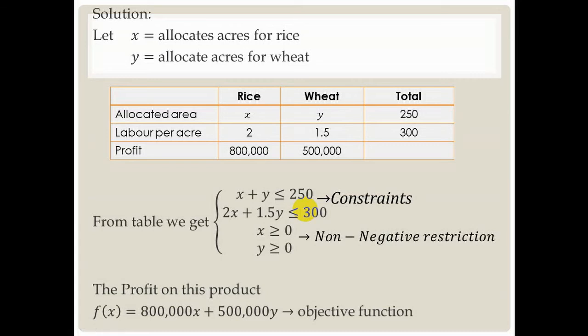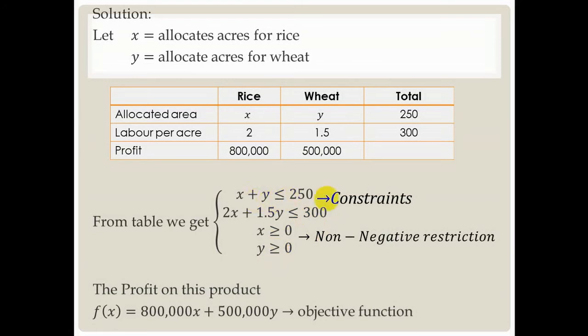And then labor per acre. They told us in the example that rice requires 2 hours of labor per acre and wheat 1.5, and they have just 300 hours. So you can write here 2x plus 1.5y less than or equal to 300. You always need to remember that the non-negative restriction is always there, because negative values are impossible.